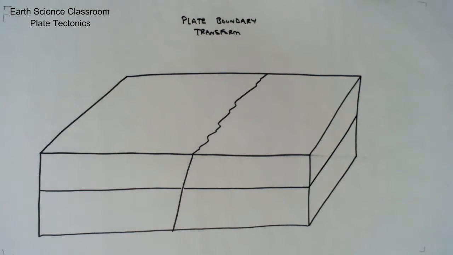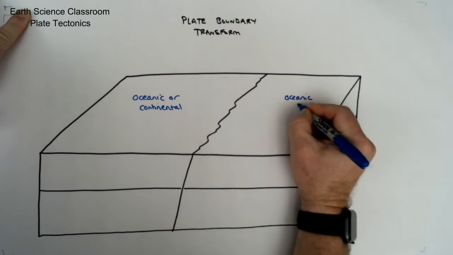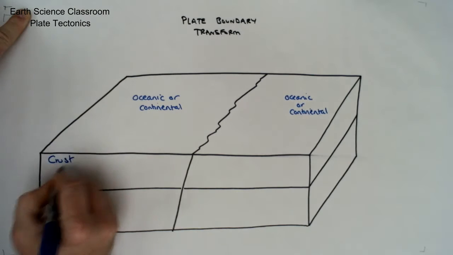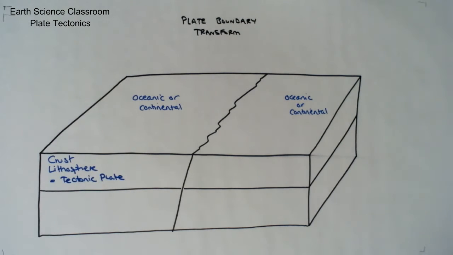So as with other boundaries, we have the same layers: the crust and lithosphere, which create the plate or the lithospheric plate, and below it we have the asthenosphere, which is our plastic, flowing, hot but also dense rock layer, which extends down to about 610 kilometers from the Moho.